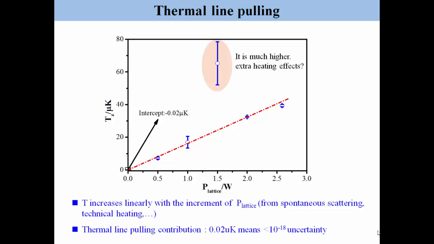18 level uncertainty. And we noticed that at a power of 1.5 watts, the temperature is extremely high, and there must be some additional heating effect.